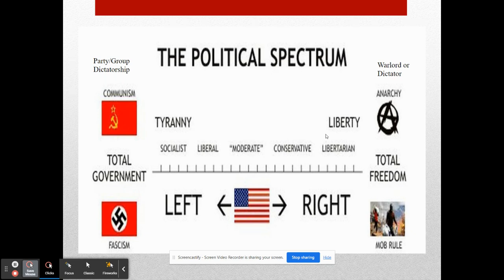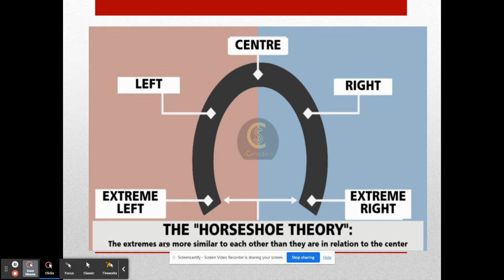So if you notice, there are some similarities between both sides here, which leads us to our next issue, which is the horseshoe theory. In the horseshoe theory, again, you have the moderates in the center. They are willing to compromise. They're willing to see both sides. They may drift a little bit this way on some issues. They may drift a little bit this way on other issues. So you still have the center.